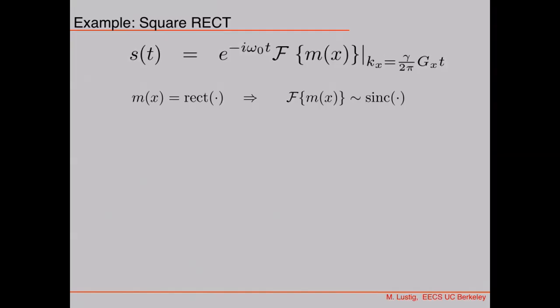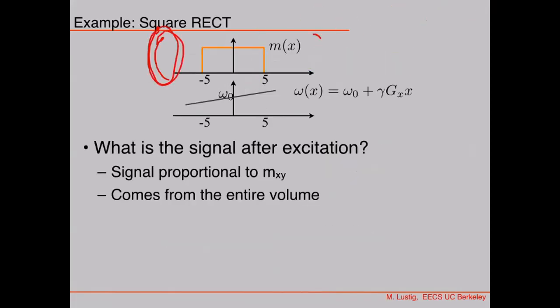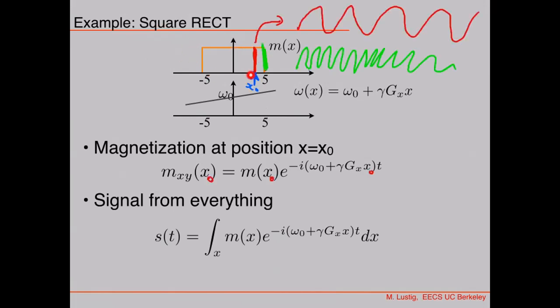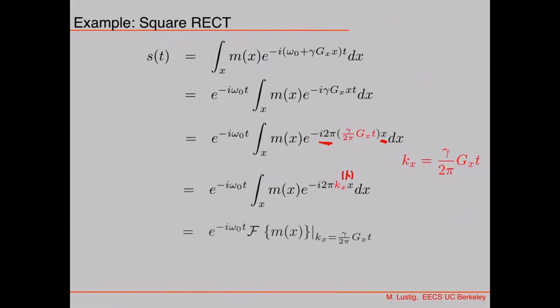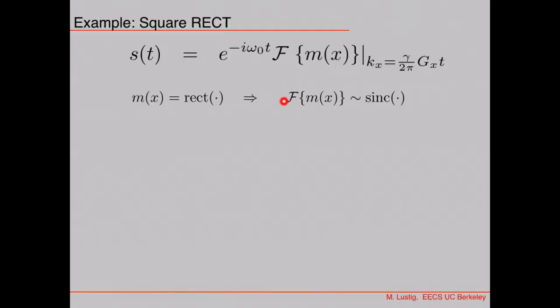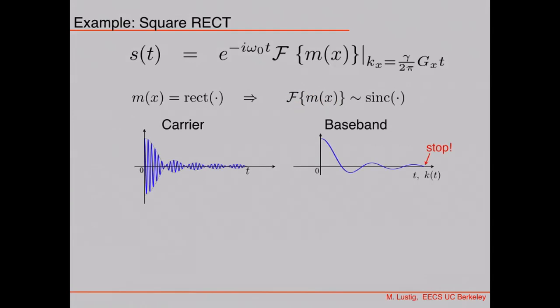Let me try to finish something here. This is my signal, and this is what I just derived, pretty much heuristically. Now, if m of x is a rect, like we had before, then the Fourier transform of m of x is a sinc. So what is the value of kx?